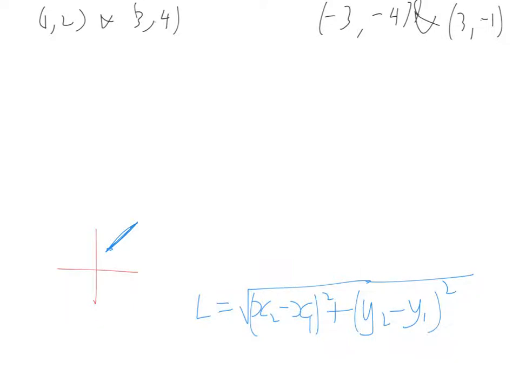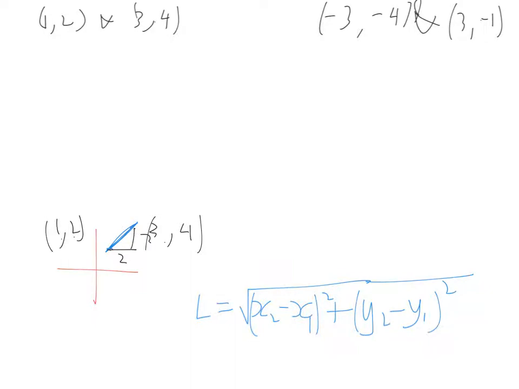So to go from 1 to 3, we've gone 2 across. To go from 2 to 4, we've gone 2 up.